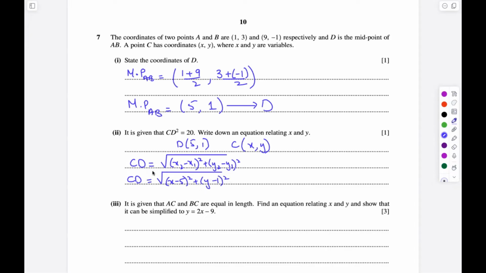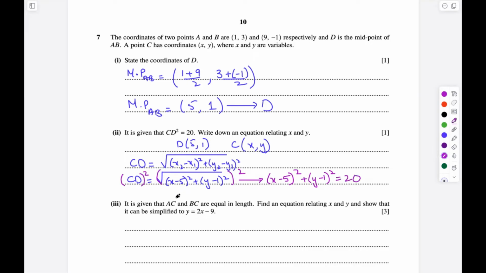As CD squared is equal to 20, we square both sides to get rid of the square root sign. So we get CD squared equal to (x minus 5) whole squared plus (y minus 1) whole squared. As CD squared is given as 20, we can write the final equation as (x minus 5) whole squared plus (y minus 1) whole squared equals 20.